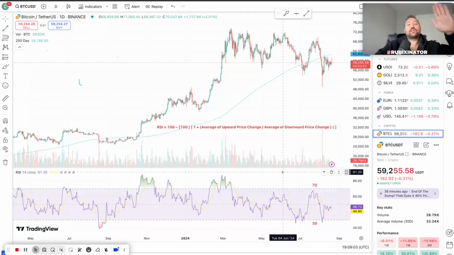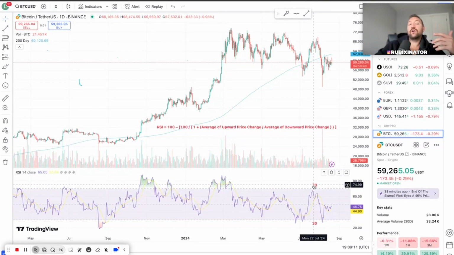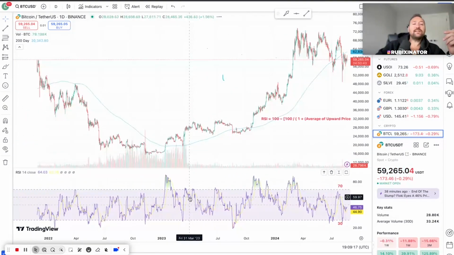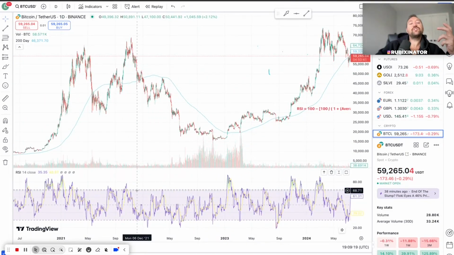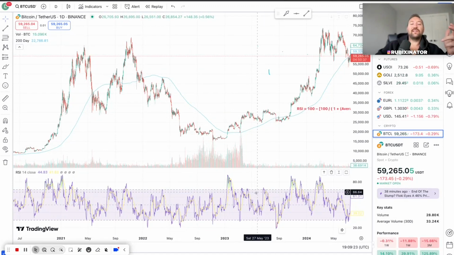So the RSI oscillates between 100 and 0 as per this indicator, and per the pros that created this. Anything over 70 is considered overbought, and anything under 30 is considered oversold. We look at history to see how this thing plays out, especially when things are more volatile. When things are trending sideways, in my observation, it becomes a little bit less accurate.